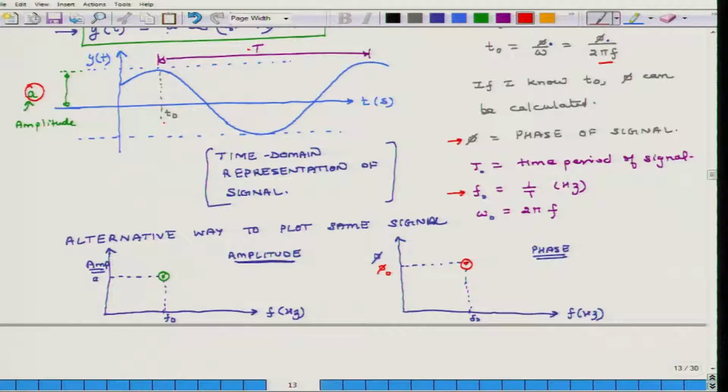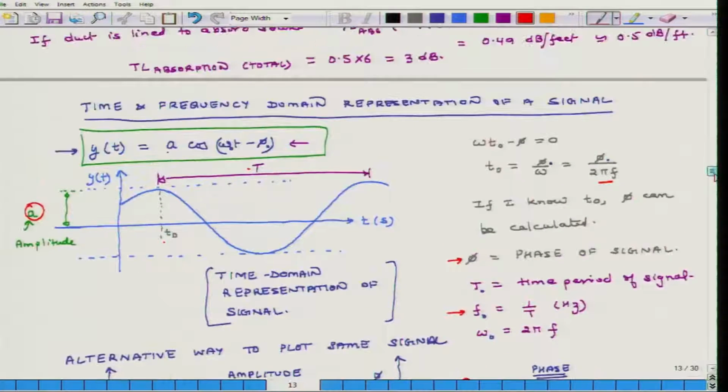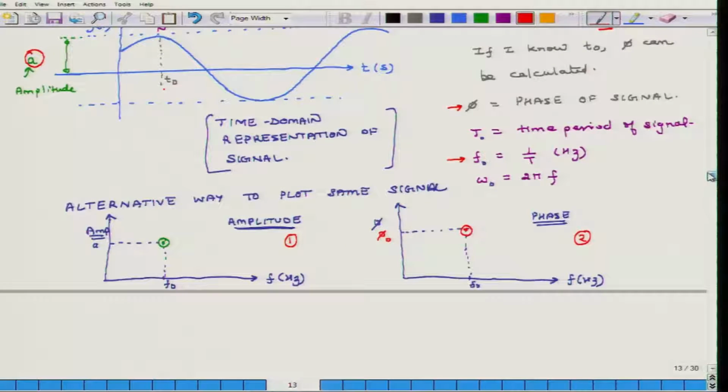So, from these two graphs, this is graph 1, this is graph 2, I get the same information about this signal y(t), because the moment I know amplitude and the moment I know phase, I can write down the mathematical expression: y(t) equals A, because A is there on the graph, times cosine of omega t minus phi.